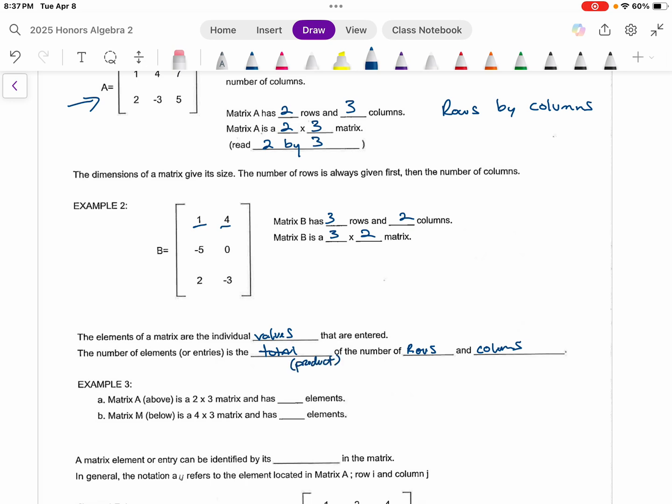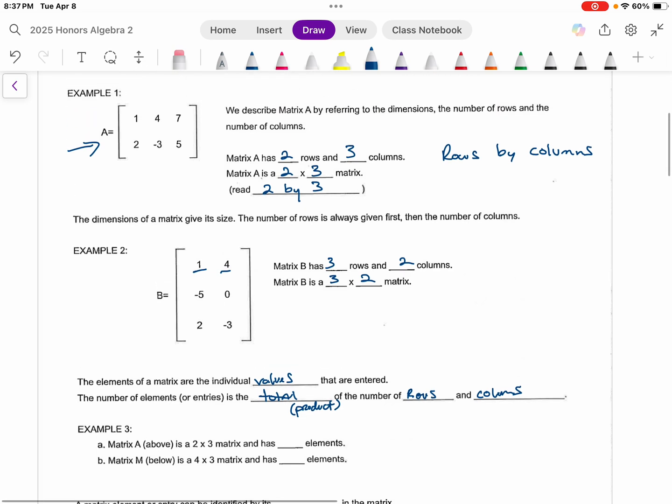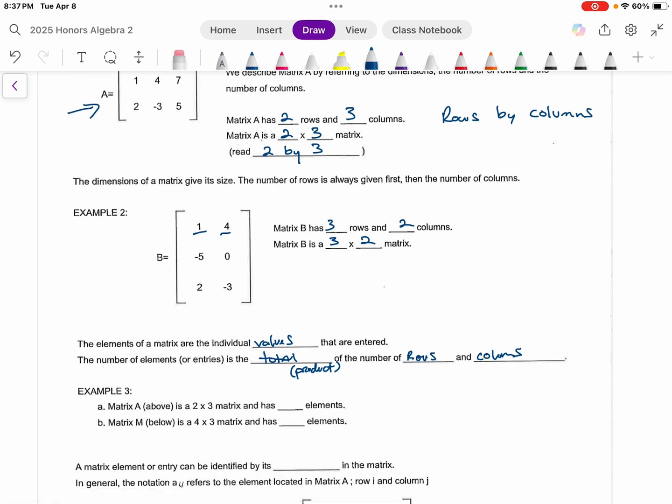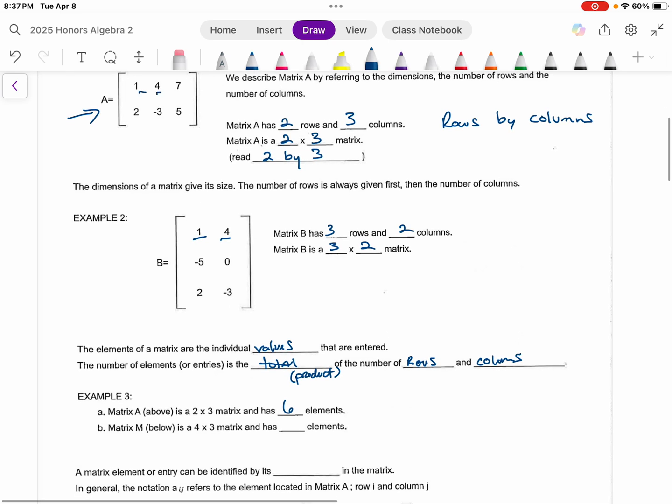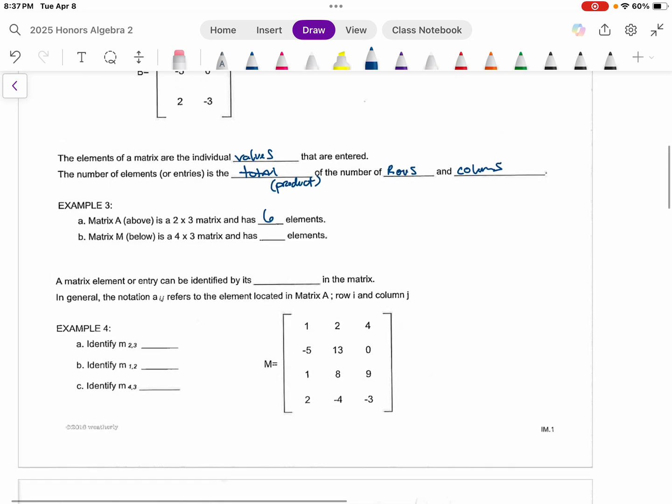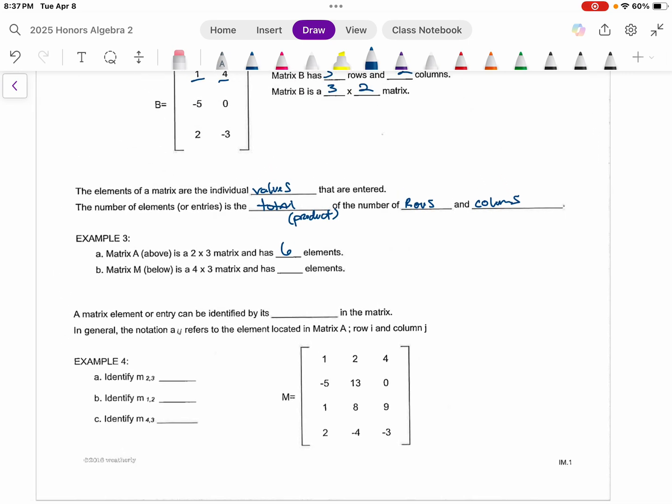Matrix A up above is a 2 by 3 matrix, so 2 times 3, we have 6 elements, and we have 1, 2, 3, 4, 5, 6 elements there. Matrix M, they just happen to say matrix M's right there. They asked how many elements it has. Well, technically it is 4 by 3, so it has 12 elements. It has 12 parts to it.